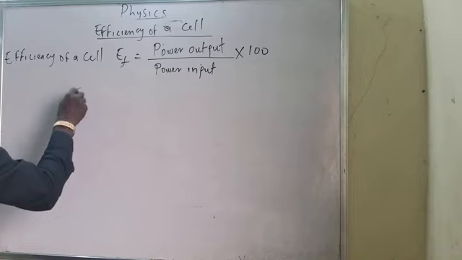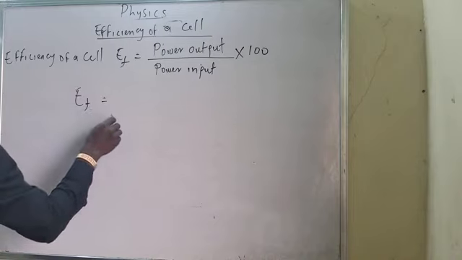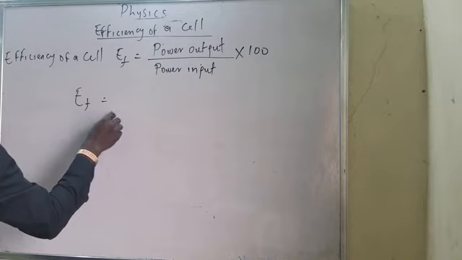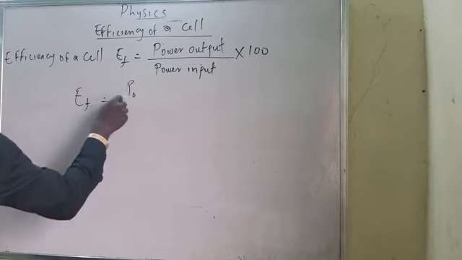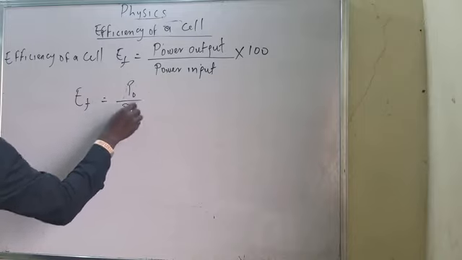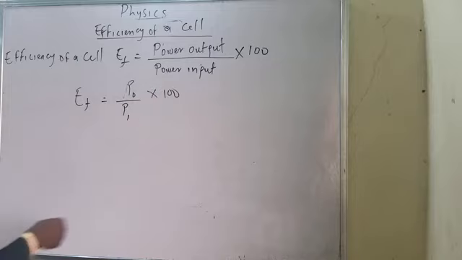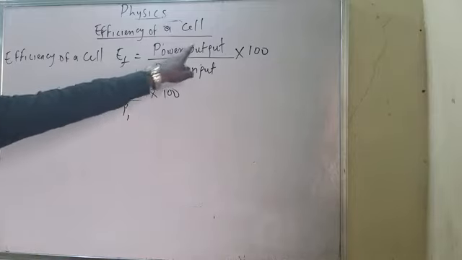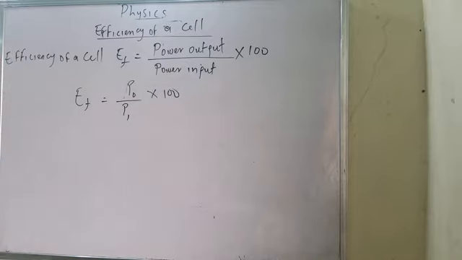I can say that Eff equals P0 divided by P1 multiplied by 100. I'm not doing something new. Power output is P0, power input is P1.